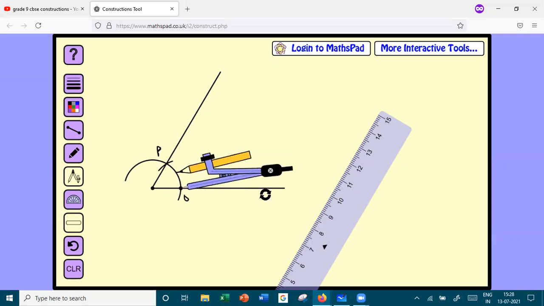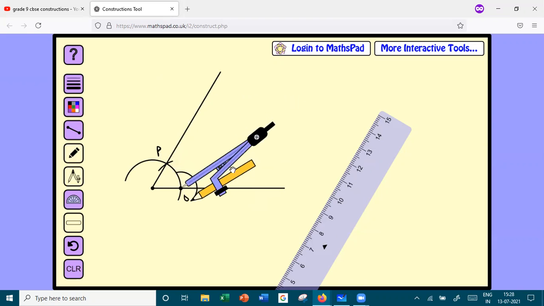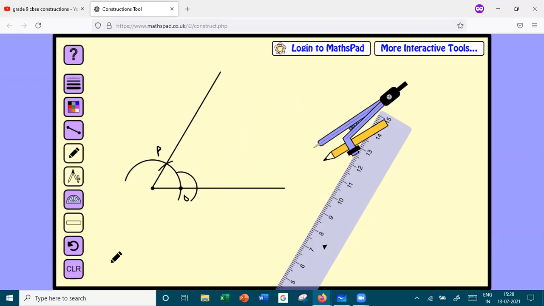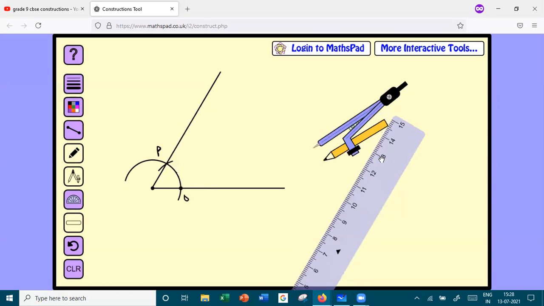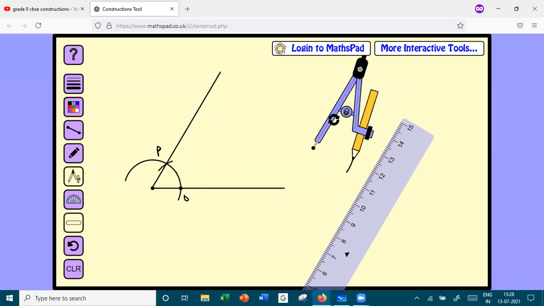You can cut an arc here, or we can take it even bigger. Just a minute. Yeah, let me take it this much.